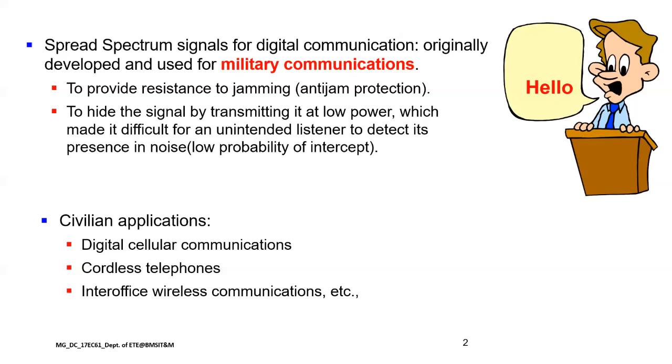As I said, the basic parameters of any communication system design are the transmitter power and the channel bandwidth. These are the two basic system design parameters.